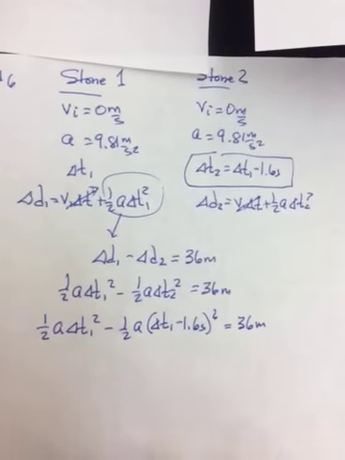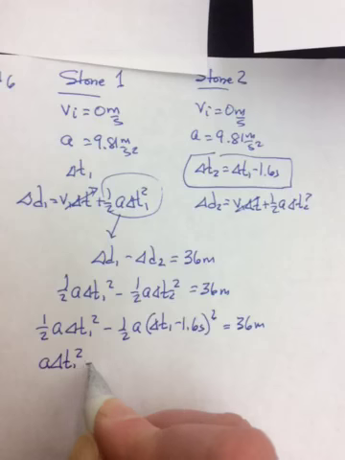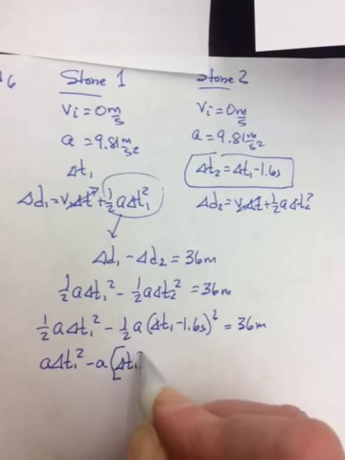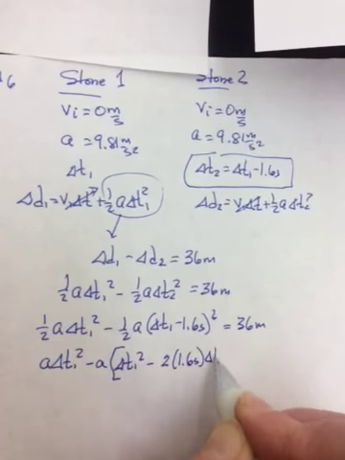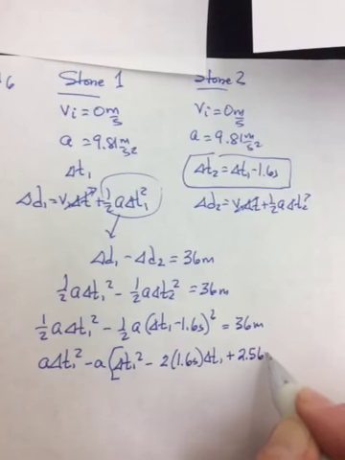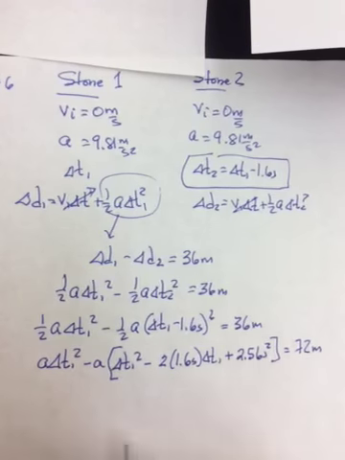You can multiply by 2 to get rid of the 1/2, and now you have to FOIL this. So T1 squared minus, and there'll be 2 of those center terms, and then plus 2.56 seconds squared, and over here this will be 72 meters.